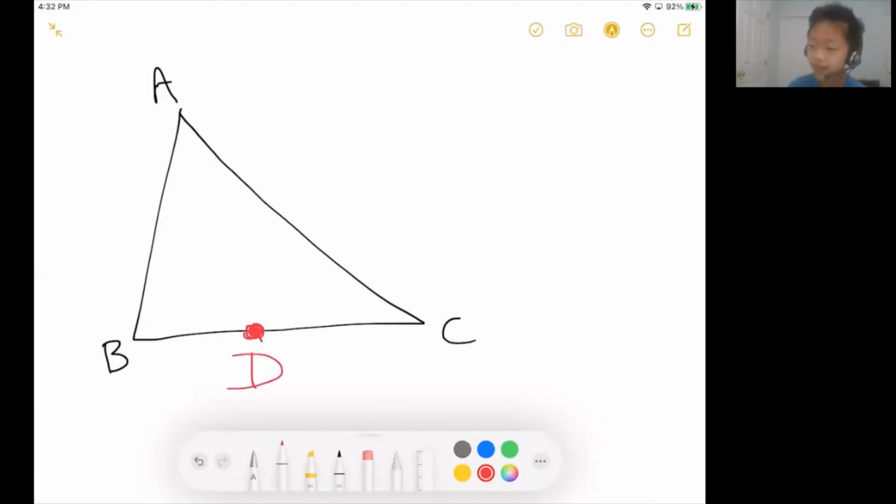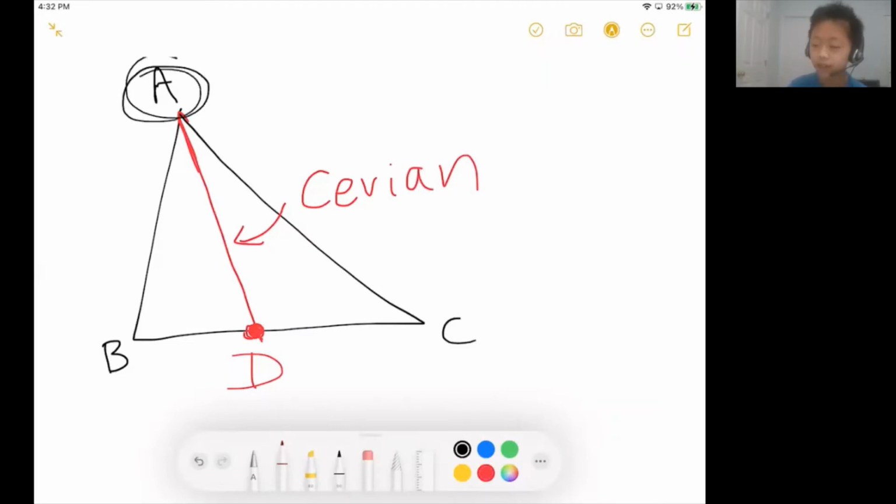Then you might sometimes hear this line AD referred to as a Cevian. A Cevian is basically any line from one vertex of a triangle to a point on the opposite side. So that's a Cevian. This blue line is also a Cevian.